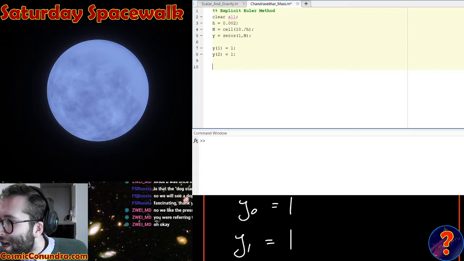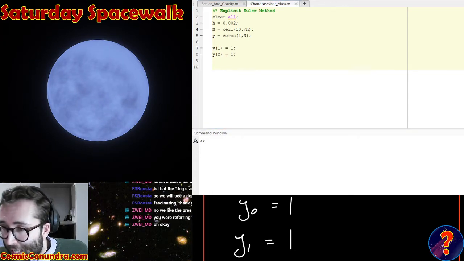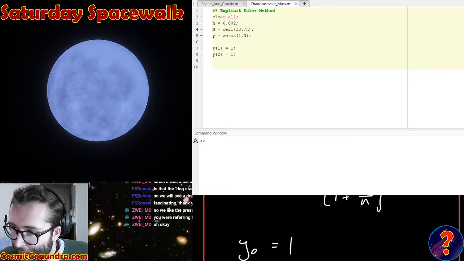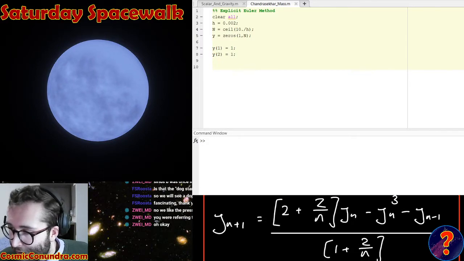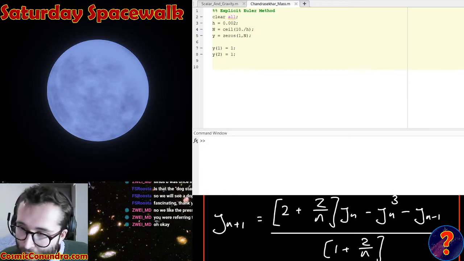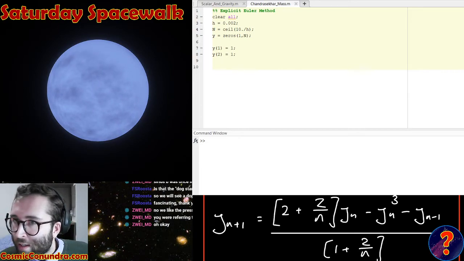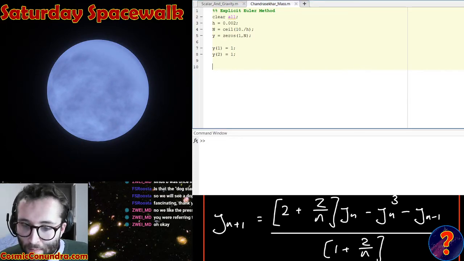Okay, and now I need to write a little bit of code that will go through every one of these n values. So from knowing 0 and 1, we'll calculate y3, and then after that we'll use 2 and 3 to find y4, we'll use 4 and 5 to find y6, and so on and so forth. To do that, I'm just going to use a simple for loop, okay?